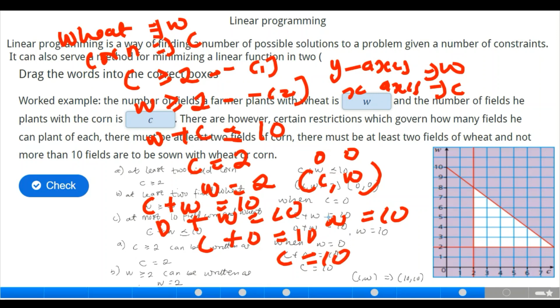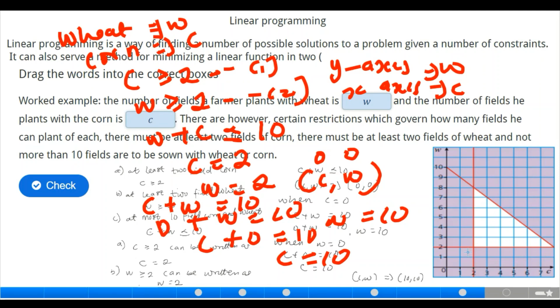Now, if you want to represent that on the graph, we already have an illustration here on the graph. For the first one, it's going to be C equals 2. That is our x-axis. You look at it, you see we have C equals 2, and it's going to be a thick line. Why is it thick? Because of the equals to sign that we have there. We have C greater than or equal to 2.